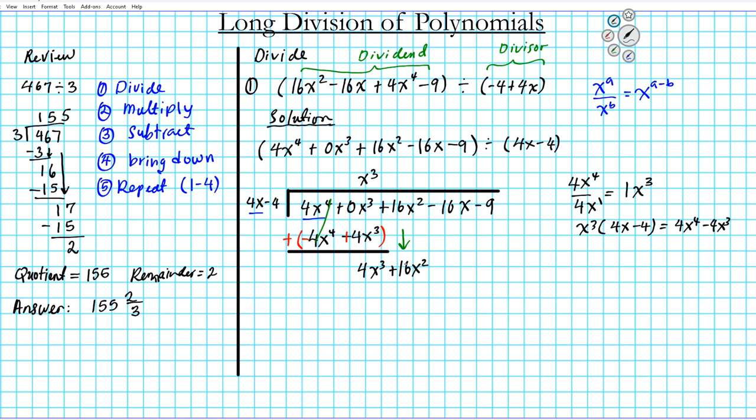What we're going to do next, we're now going to repeat the whole process again. So we're doing the same thing over and over again until we are done. So to divide, remember we focus on the leading terms. We're going to divide 4x to the 3rd by 4x. Divide coefficients and subtract powers of the exponents with the same base. So 4 over 4 is just 1.